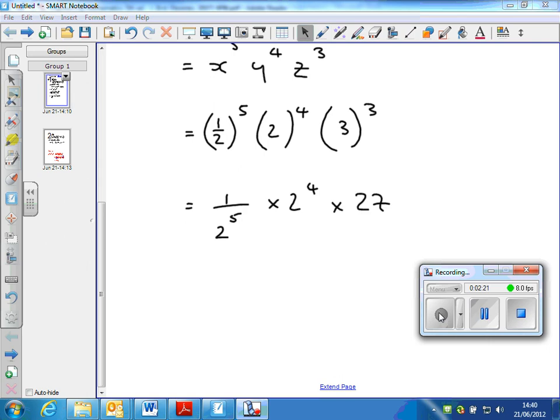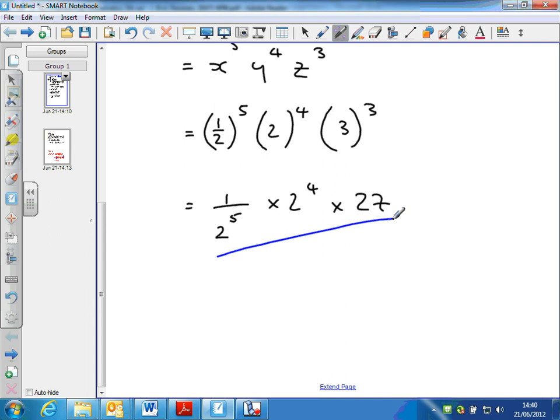Note that you could use the laws of indices again to help you with this answer. You can work it out on the calculator, but if we look at this that I've written here, as a start off to the solution, a half to the power 5 is the same as 1 over 2 to the power 5. So we can then use another law of indices.